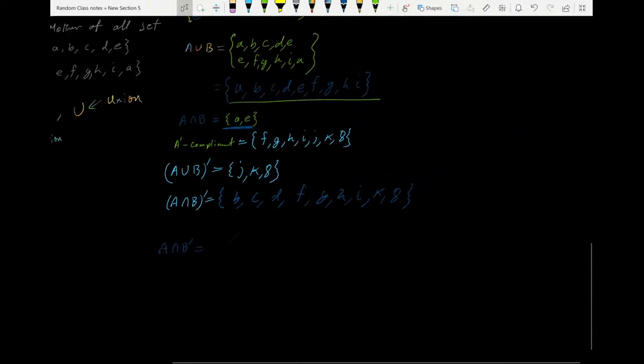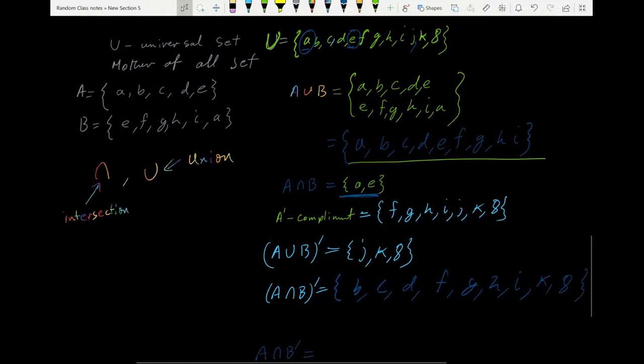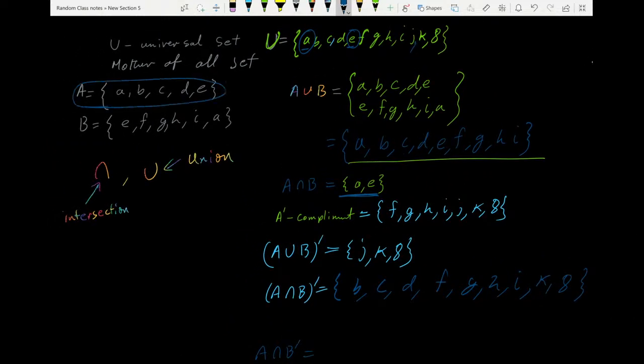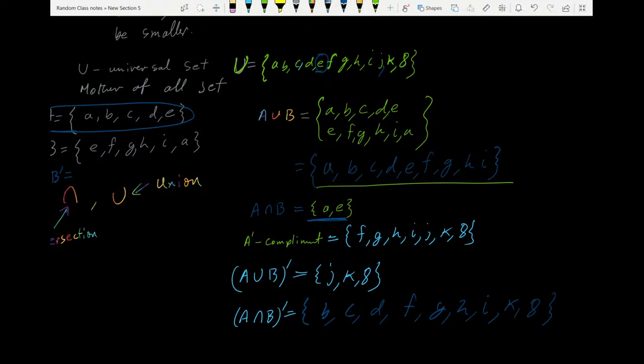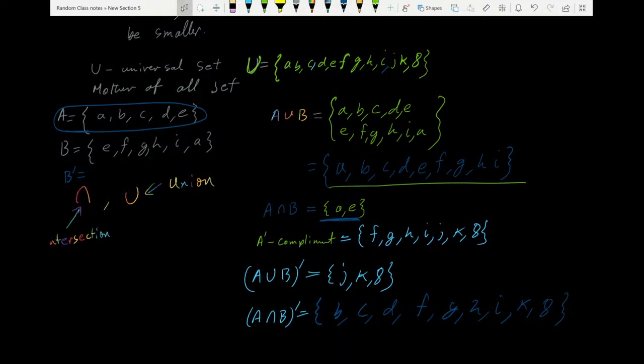All right, let's try it. So what is A? That's A right over here. Now we've got to find what is B complement. So what are these? E, F, G, H, I, and A. So B complement would be B, C, D, J, K, and 8.